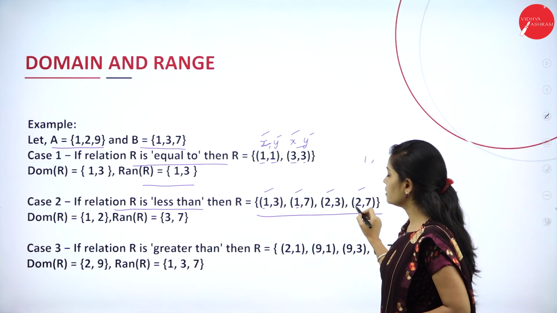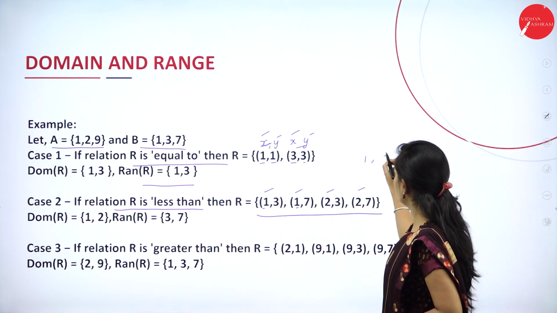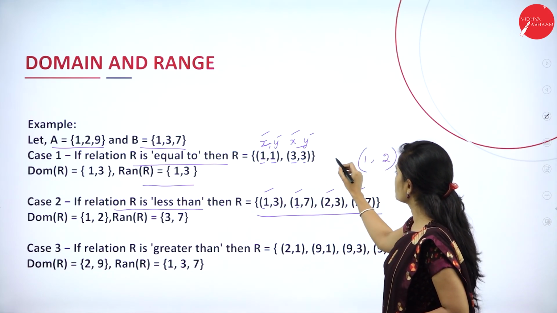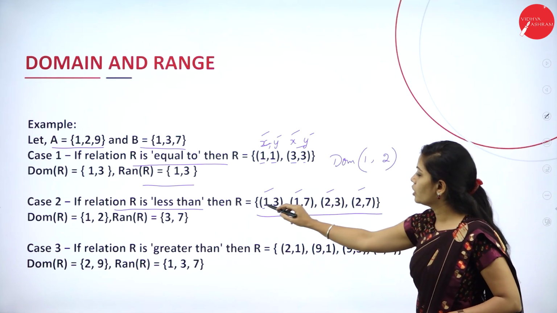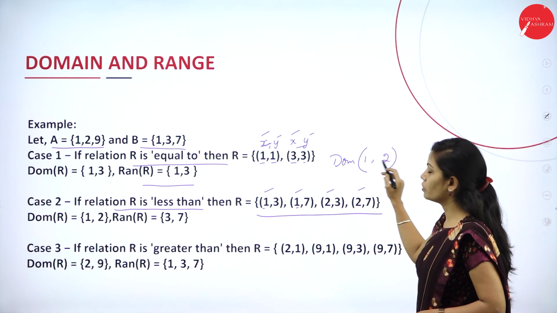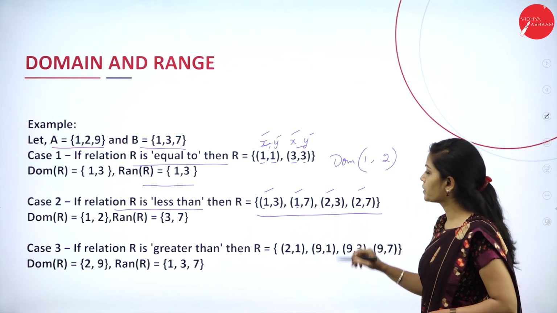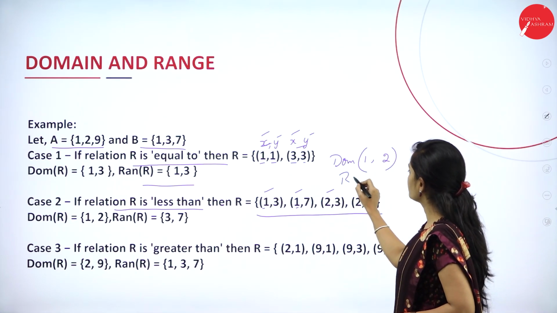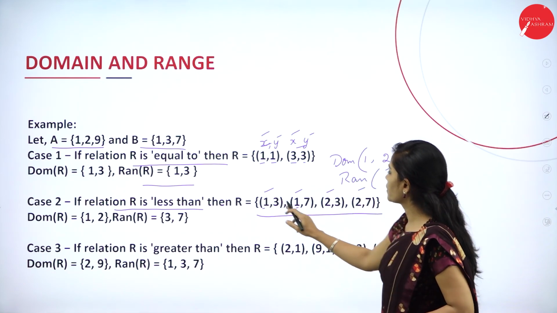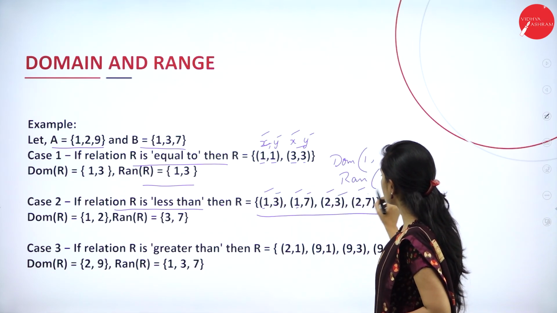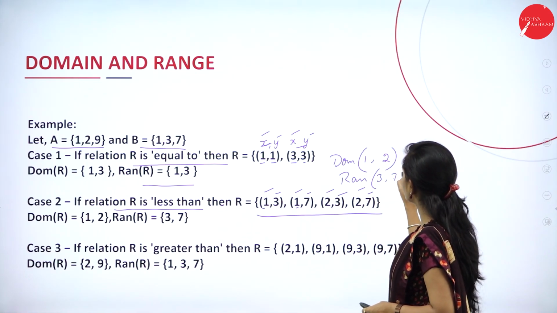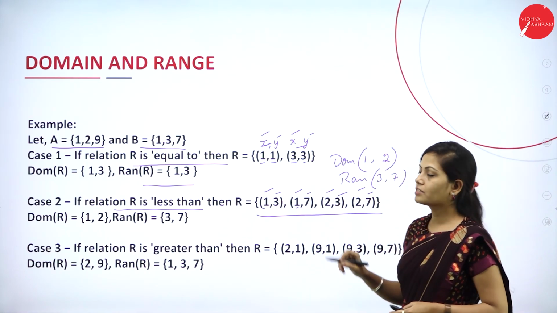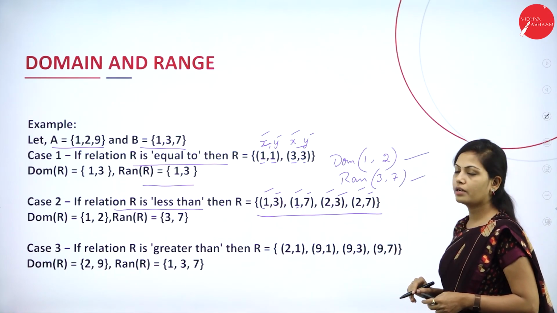And in the second 2 pairs, 2 is common. So domain of R is 1, 1, 2, 2. Directly I can write just {1, 2}. And what is the range? Range is 3, 7, 3, 7. Twice it is repeated, so range is {3, 7}. So this is your domain and range.